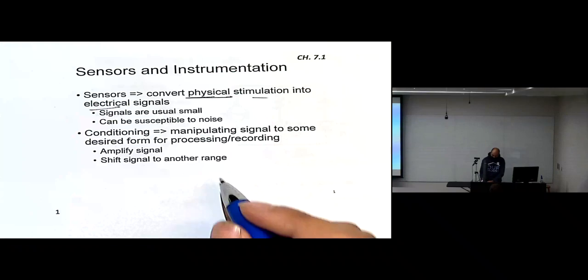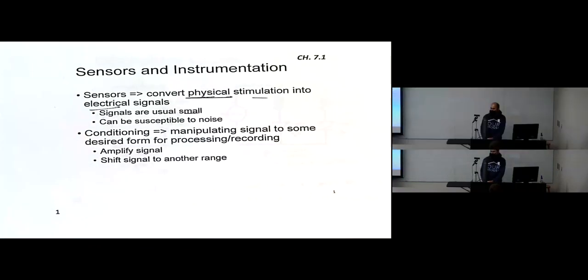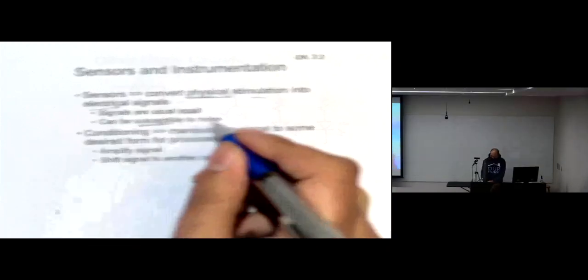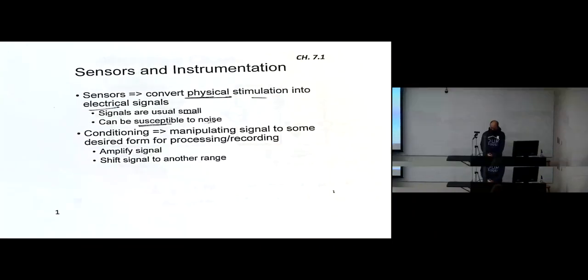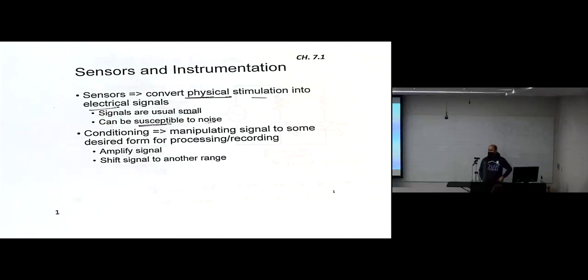Also, sensors are usually small, and some types of sensors can be susceptible to noise. After using the sensor, I measure the temperature. For example, I set the temperature to 72 degrees Fahrenheit.